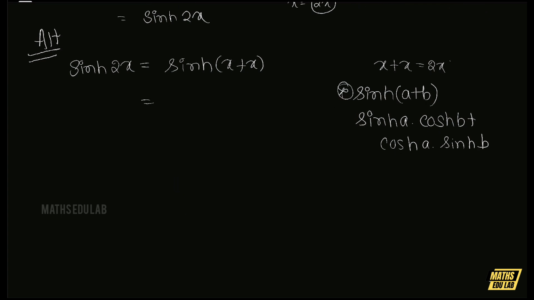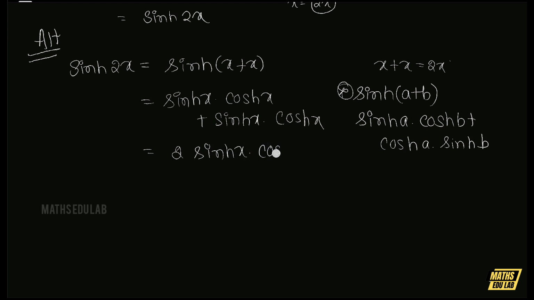So I can write this one as sine hyperbolic x into cos hyperbolic x plus sine hyperbolic x into cos hyperbolic x, which is equal to 2 sine hyperbolic x into cos hyperbolic x. This is what we got, the alternative way to solve for sine hyperbolic 2x.